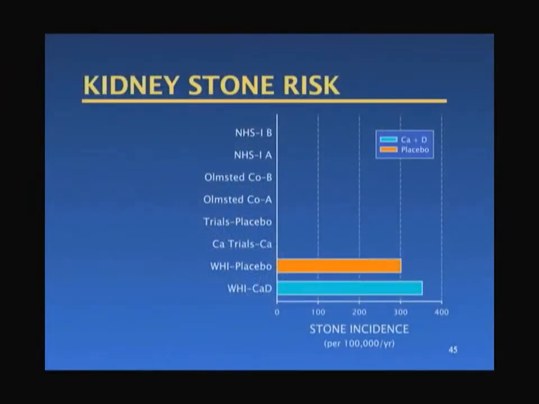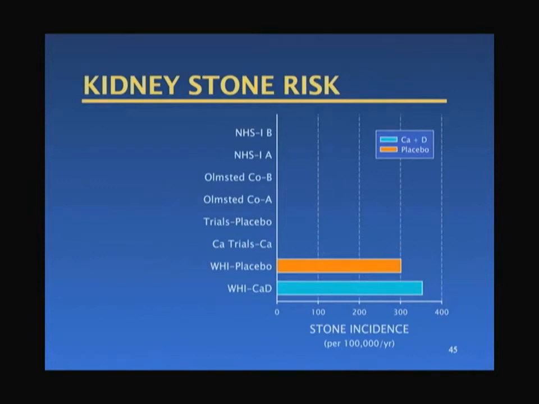These were reported recently from the Women's Health Initiative. This was the kidney stone risk per 100,000 population, and it was over 300 individuals per 100,000 population per year. And in the placebo group in that same trial, there was a slightly lower risk. And this got a lot of publicity, and that led people to worry about whether there was kidney stone risk.